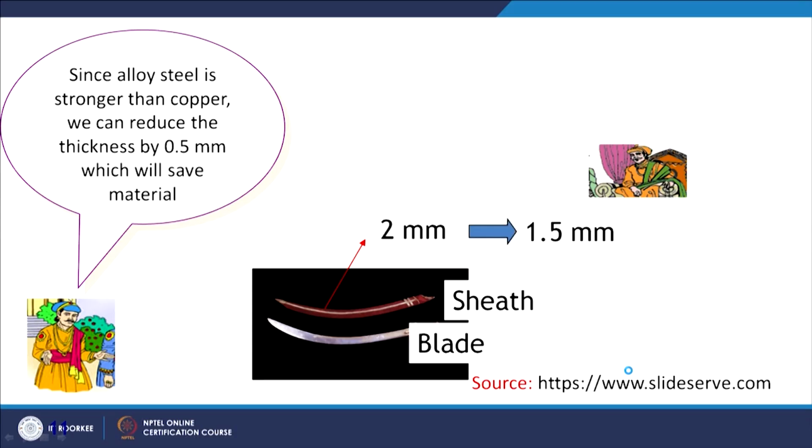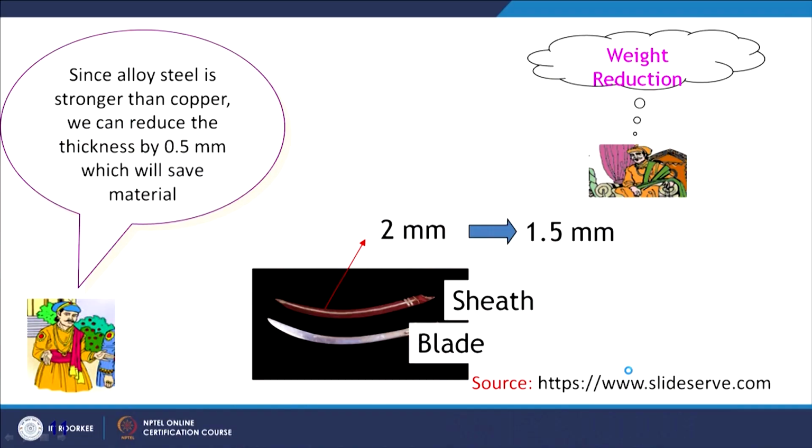Since we have changed to alloy steel, we can reduce the thickness to 1.5 millimeter, and this will further reduce the weight of the sword, including the sheath. Now, what was the idea? The idea was that we can focus on weight reduction.